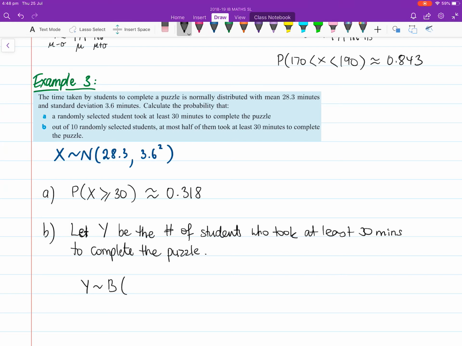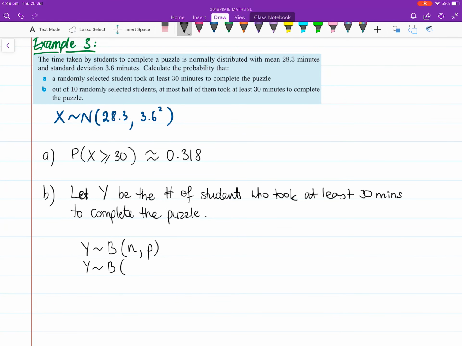So it's going to be B instead of N this time. So this is what we did in the last chapter, so go back and review that if you can't remember how to do the binomial probability distribution. So then the mean is, oh no, sorry, it's not mean, it's n and then p, remember? So n and p.